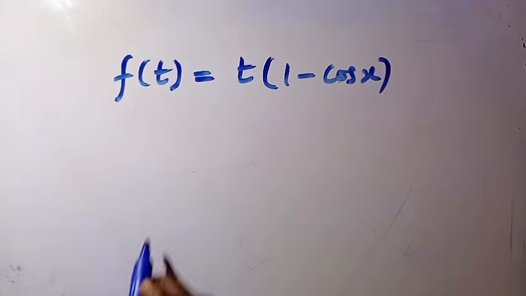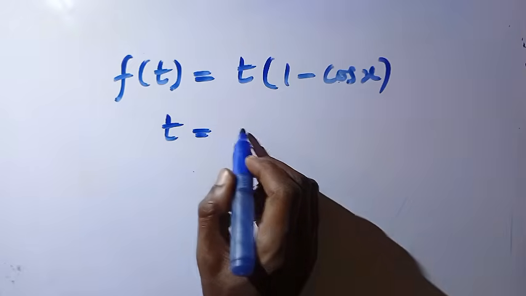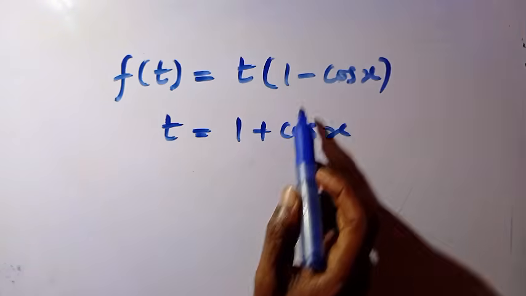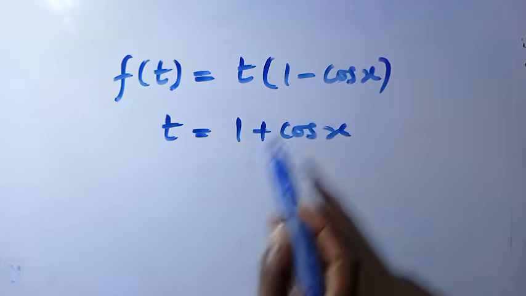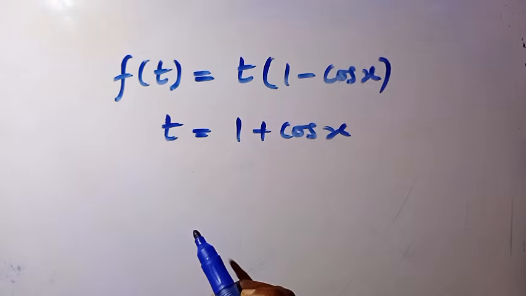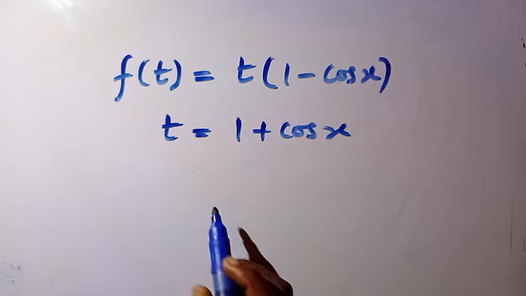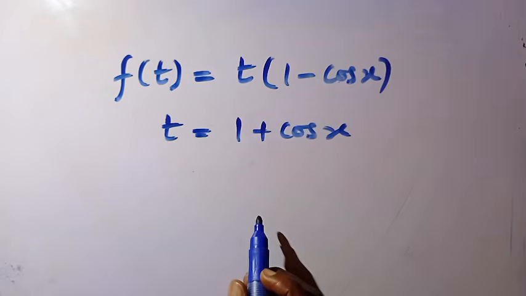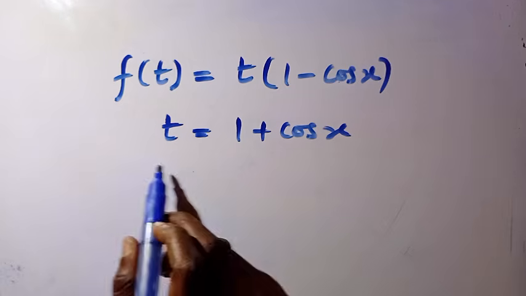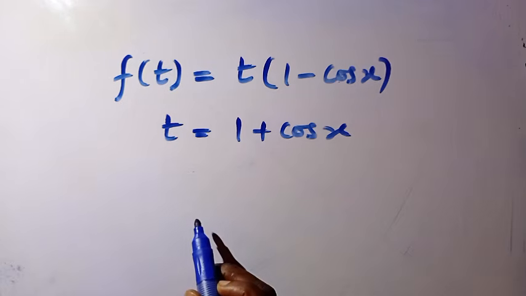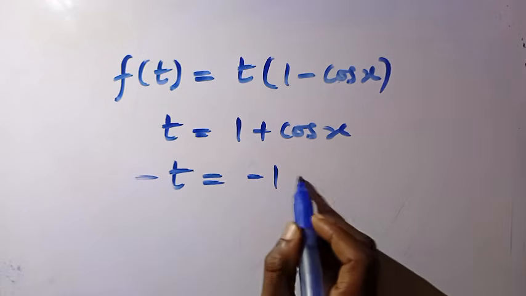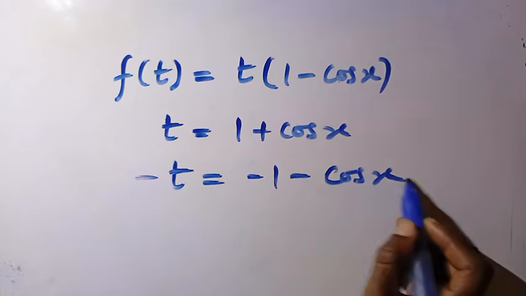To get that, remember we called t equals 1 plus cos x. But we are looking at 1 minus cos x. So let's say I want to get 1 minus cos x from this. What I will do first is multiply this by negative. We have minus t equals -1 minus cos x.